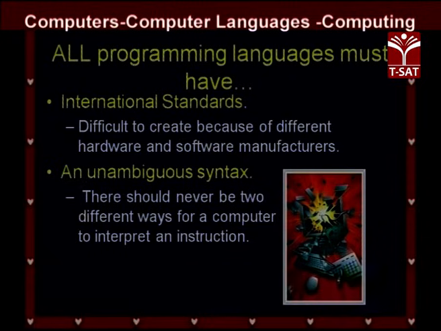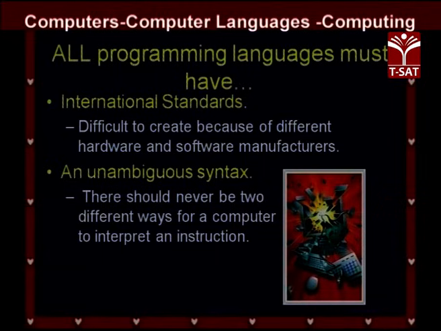That is a major issue. Otherwise I would develop my own language, which is not correct. So there should be standards, so that converting from one level to another, or one language to another, is very easy.